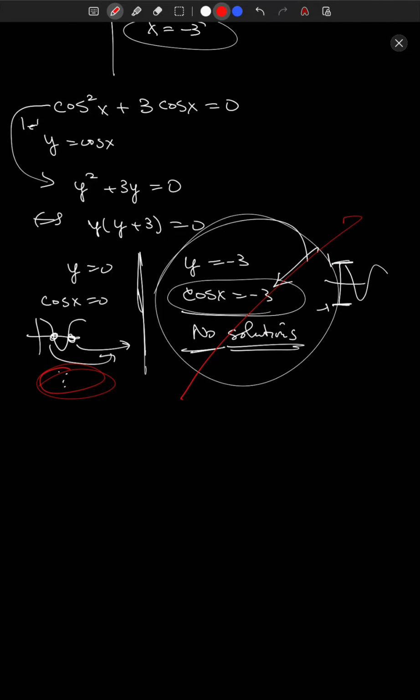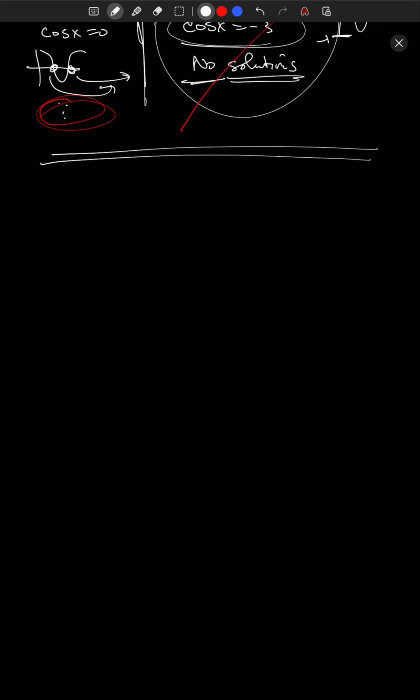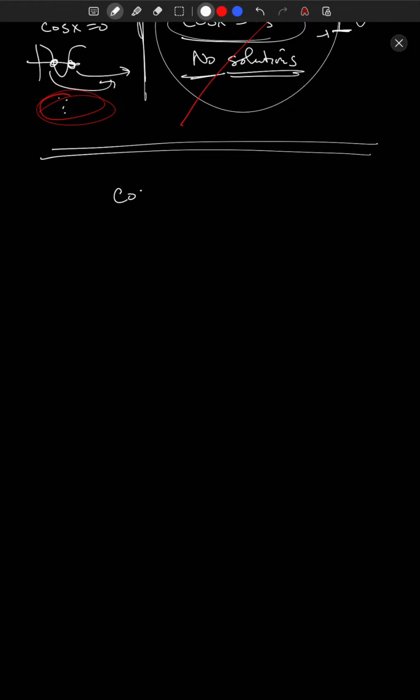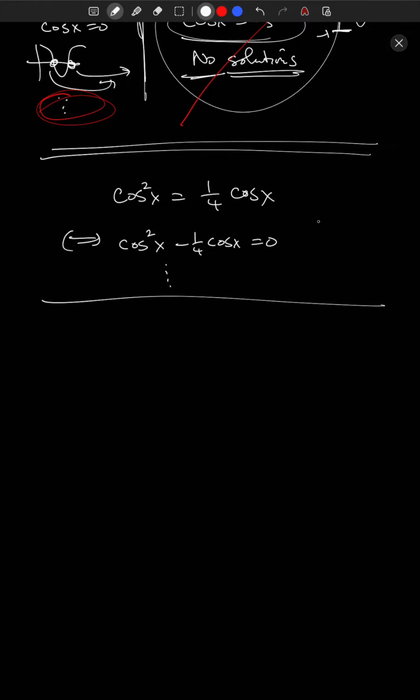By the way, when you're solving these problems, if you have something like cosine squared x equals, let's say, 1/4 cosine x, still throw everything to one side. So this is cosine squared x minus 1/4 cosine x equals 0, and then you do it just like what we said. Don't do this.